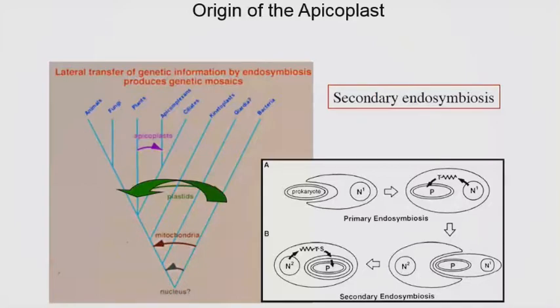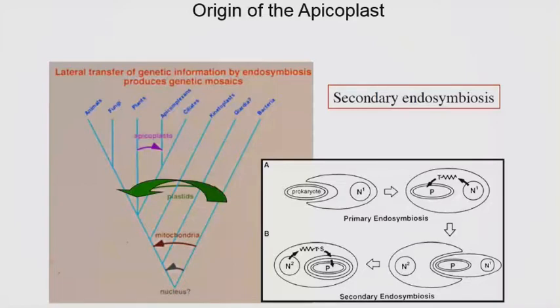And then that algae was endosymbiosed by the ancestral apicomplexan parasite to form the apicoplast. And so interestingly, the apicoplast has 4 membranes, which is suggestive of this 2-stage endosymbiotic event.